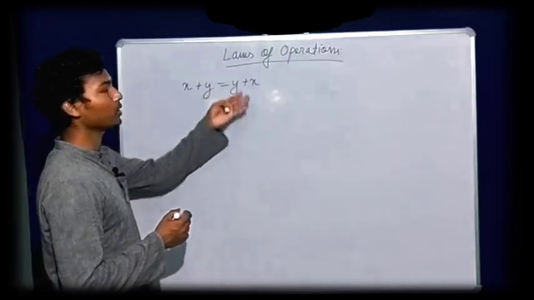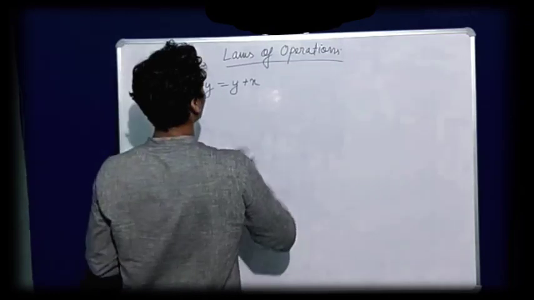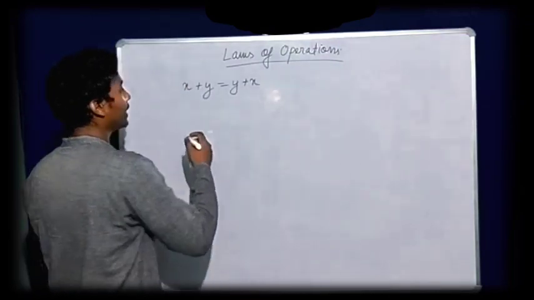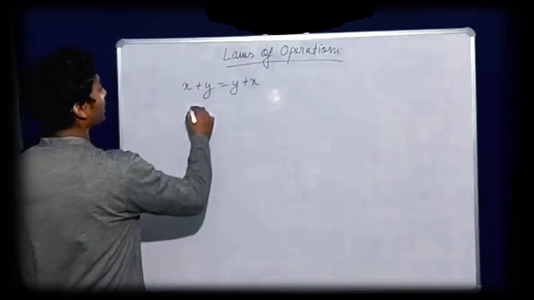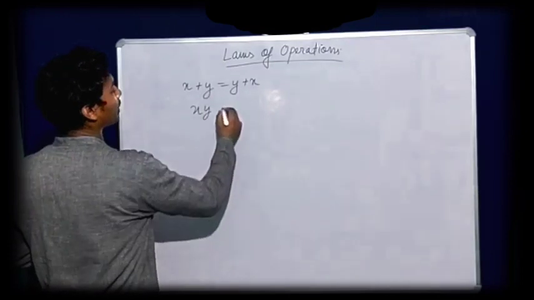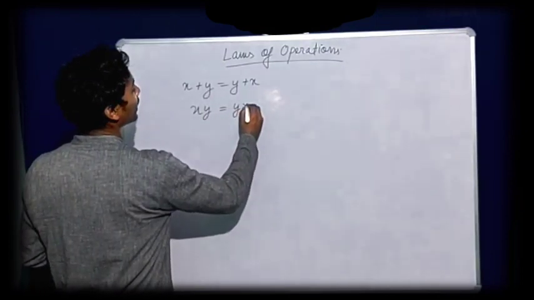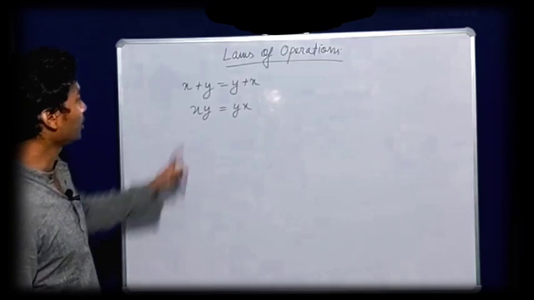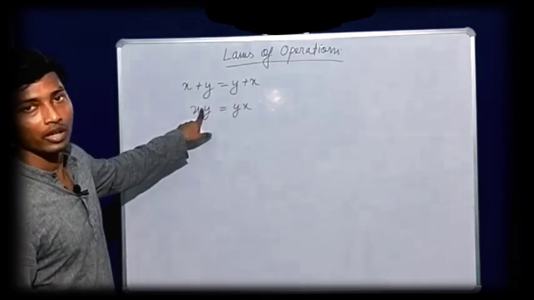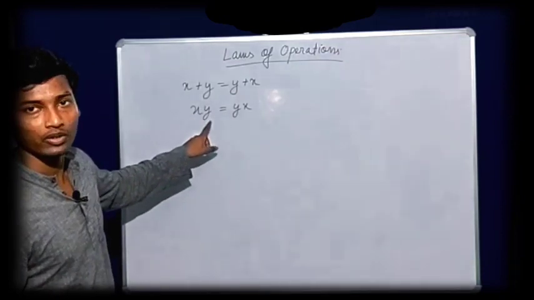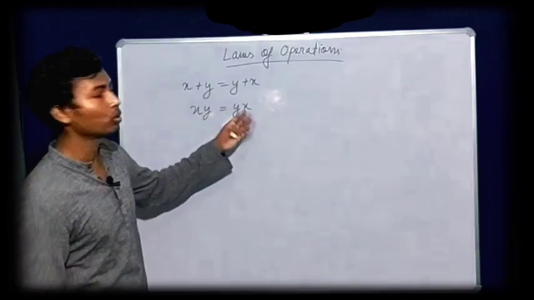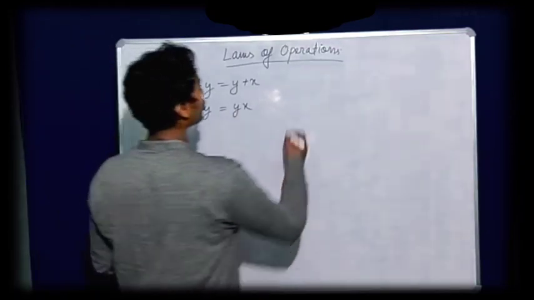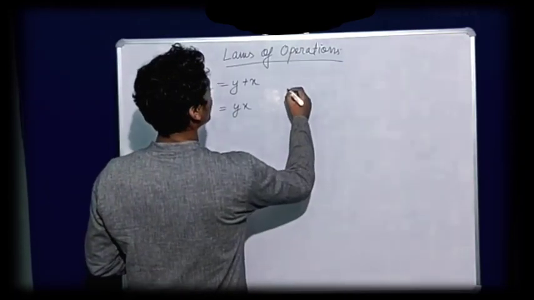So x plus y is equal to y plus x. In multiplication, if I multiply x times y and if I multiply y times x, without the multiplication sign I'm writing, it means multiplication. So xy is equal to yx, both are the same thing. So you can say this is the commutative law.